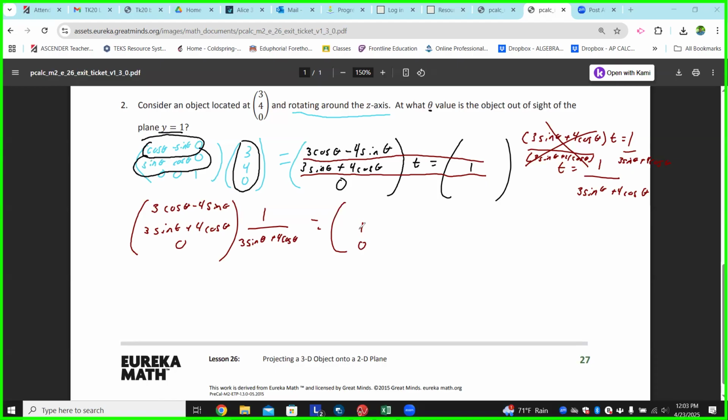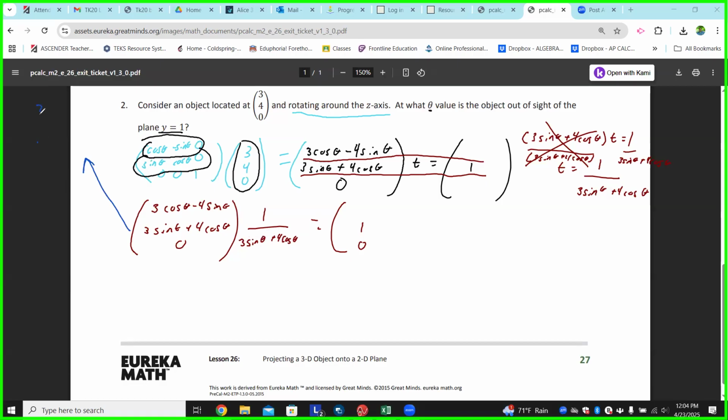So when I take the 3 sine theta plus 4 cosine theta, let me put a little star here. I'm going to write a side note. You all see that blue on that black? Okay. So when I multiply this, I get 3 sine theta plus 4 cosine theta times 1, right? Because we multiply straight across.